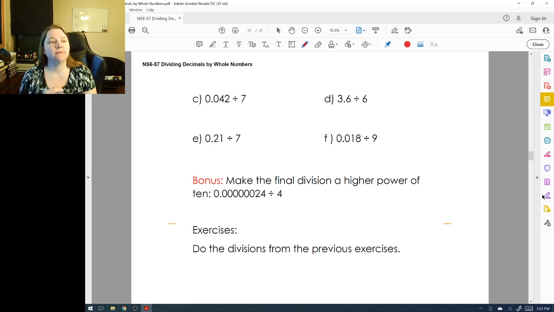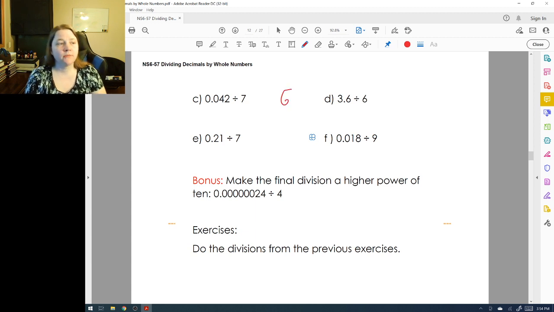What I can see is I'm going to look at the main division problem first. I'm going to ignore the decimal placement first, and figure out what the actual answer is. So I see 42 divided by 7. Sure, there's some zeros in front of it. There's a decimal. We're not going to stress about that right now. 42 divided by 7 is 6.